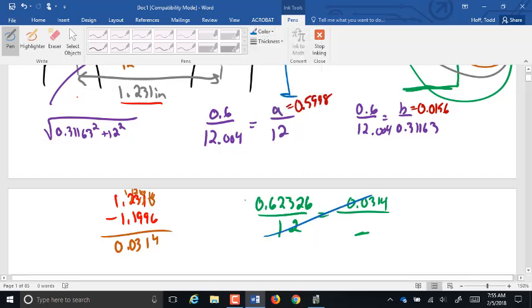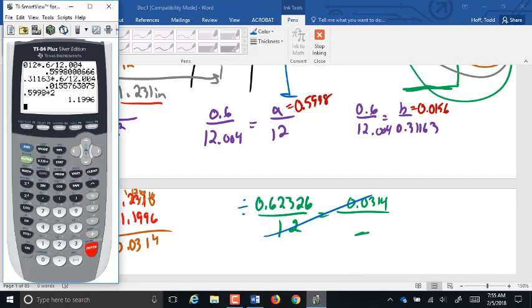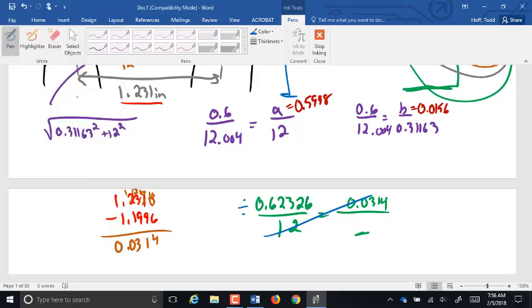So we'll cross multiply and divide. 12 times 0.0314 divided by 0.62326. I get 0.6046.